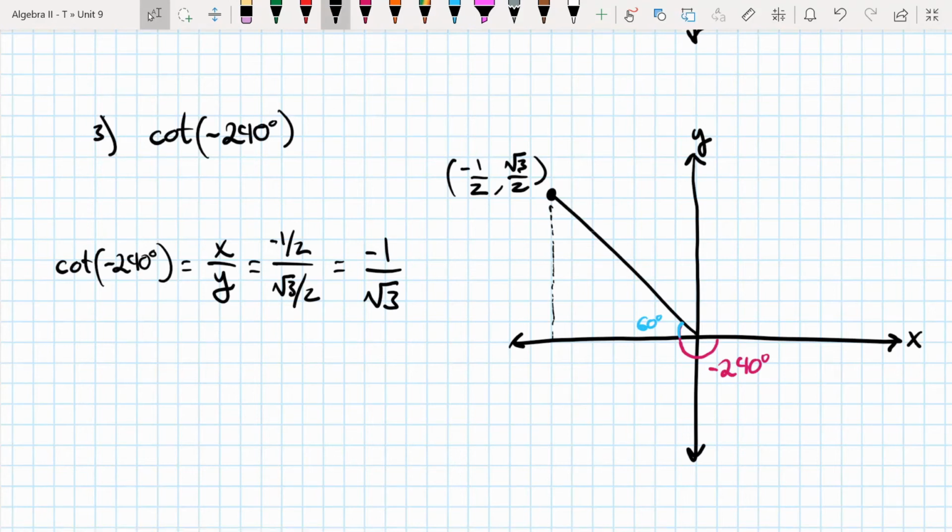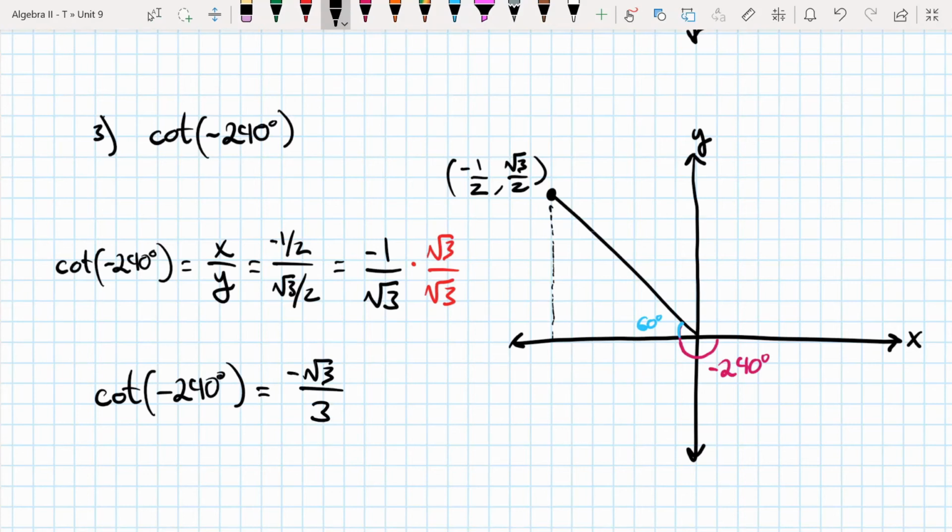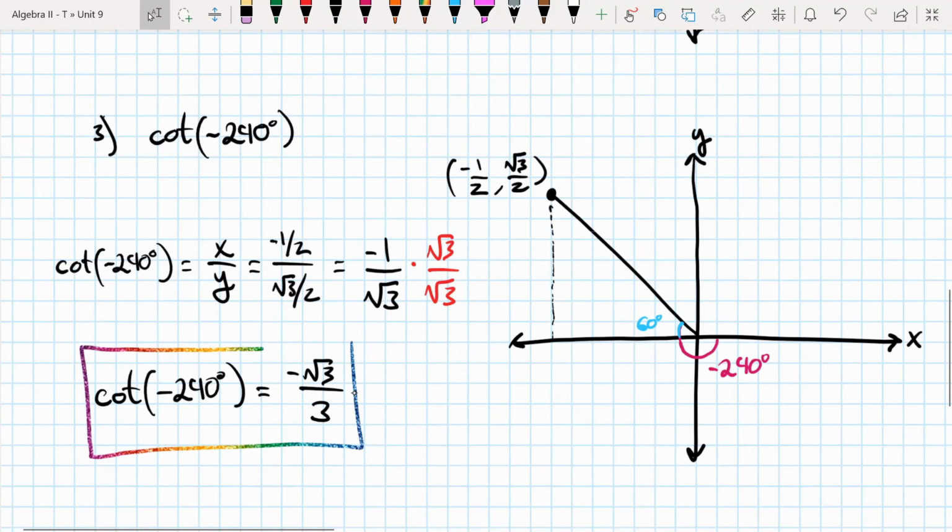We can rationalize the denominator here, and to do that, we just multiply by root 3 over root 3. And so what we'd say here is cotangent of negative 240 degrees is equal to negative root 3 over positive 3. And that's the answer for the value of cotangent of negative 240.